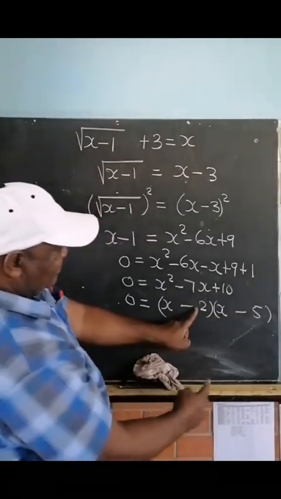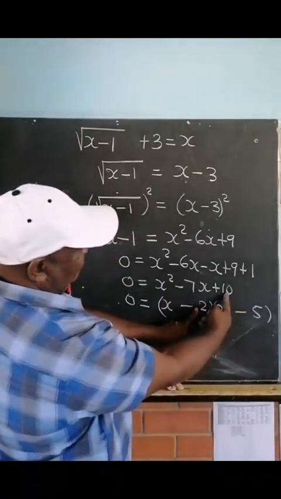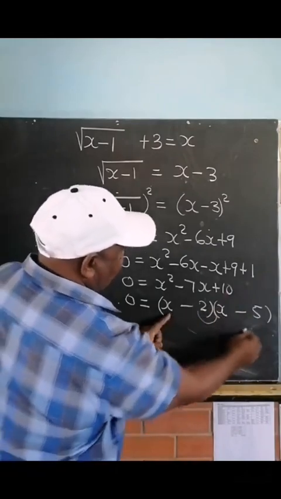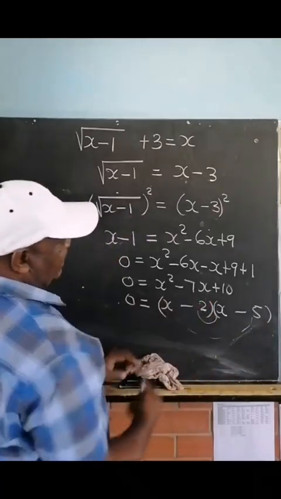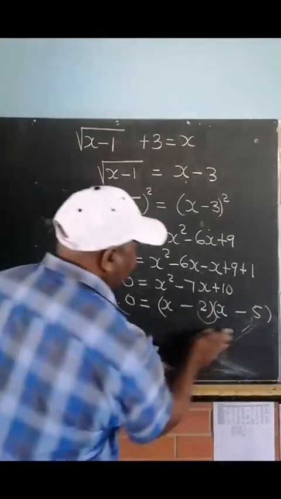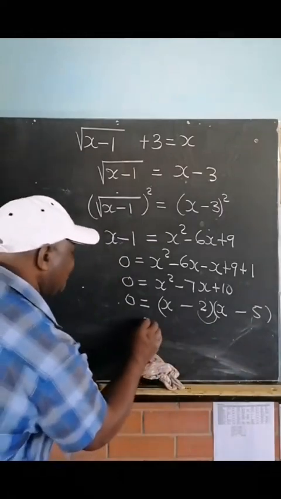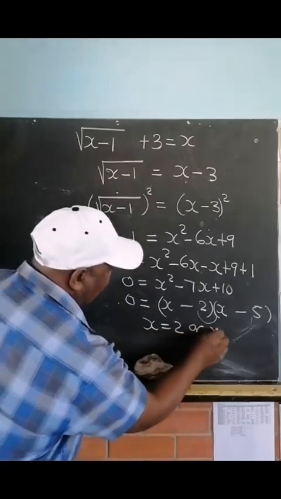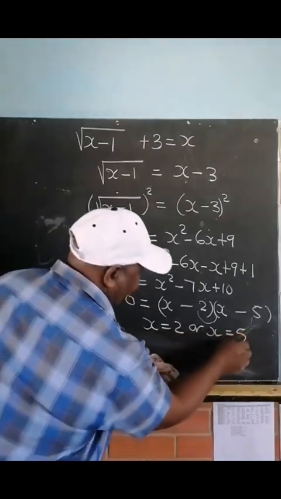So that negative 2 times negative 5 gives you positive 10. But negative 2x minus 5x gives us negative 7x. So this is the correct factorization, which means either x is equal to 2 or x is equal to 5.